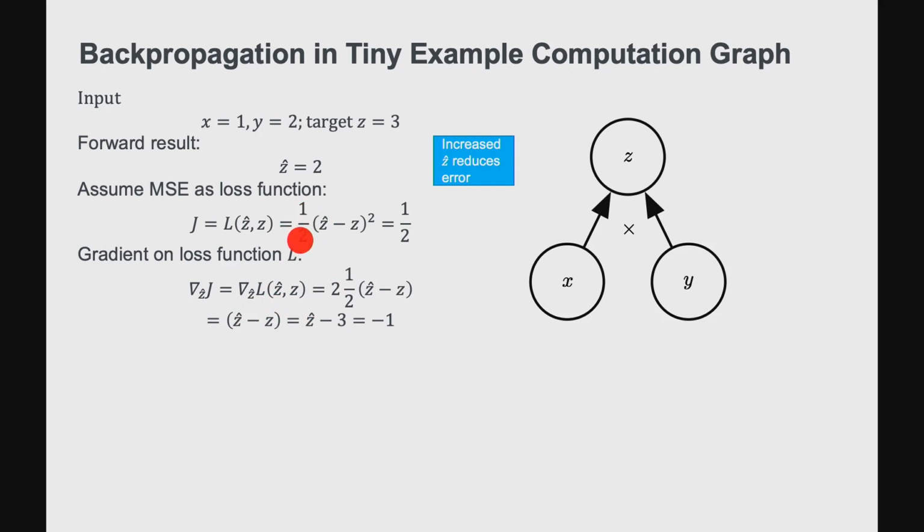And when we compute this, we take the exponent to the front, 2 times 1/2, and then the inner function is z hat minus z. So this is nothing else than z hat minus z. z hat minus 3 equals minus 1.